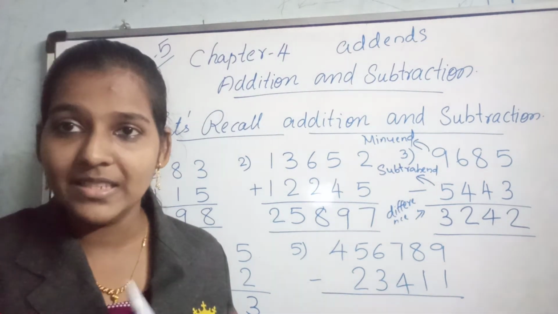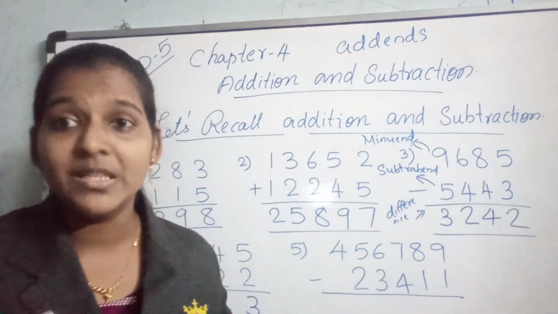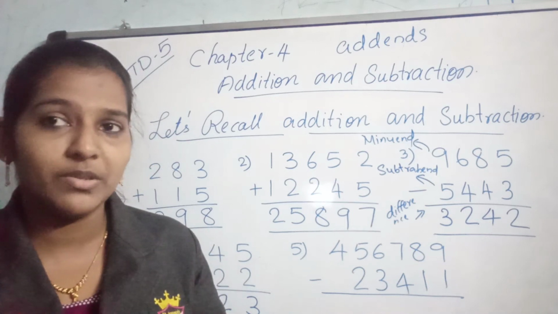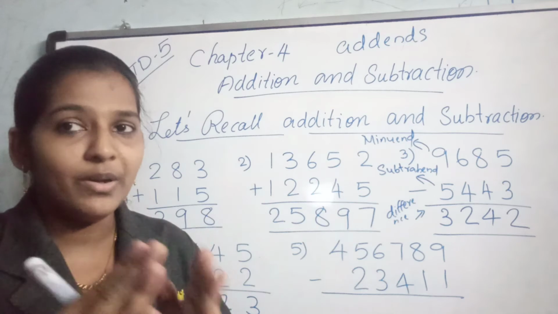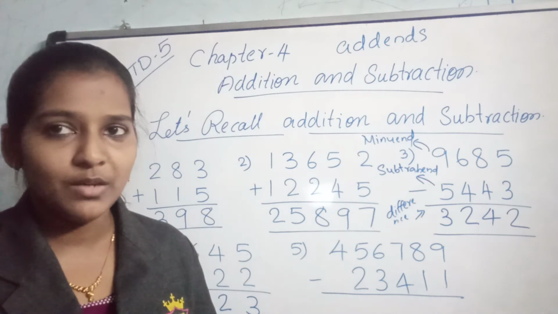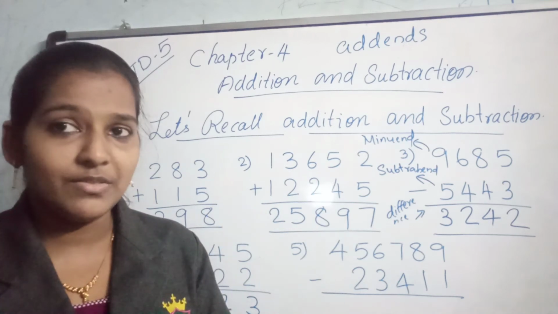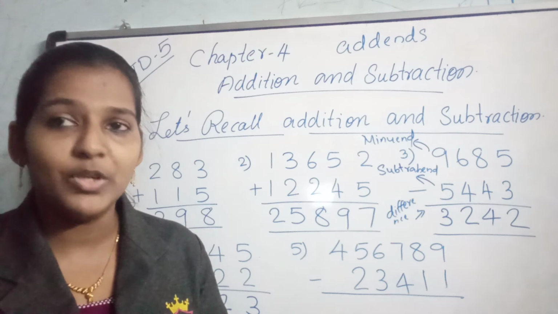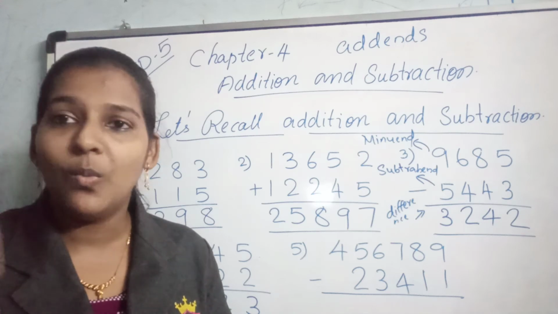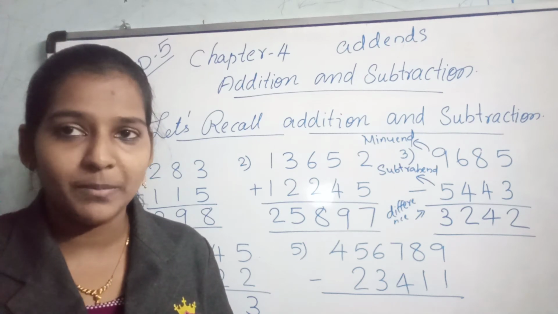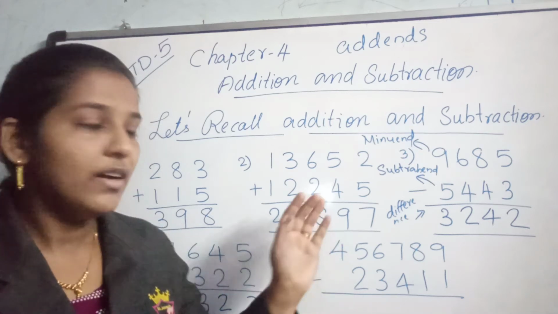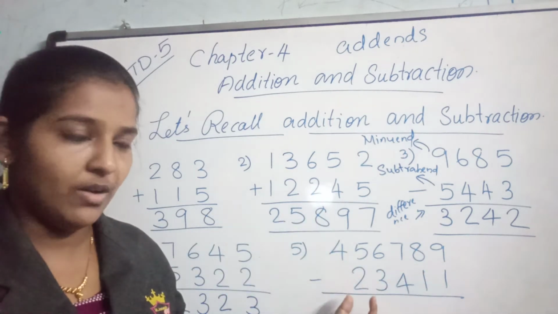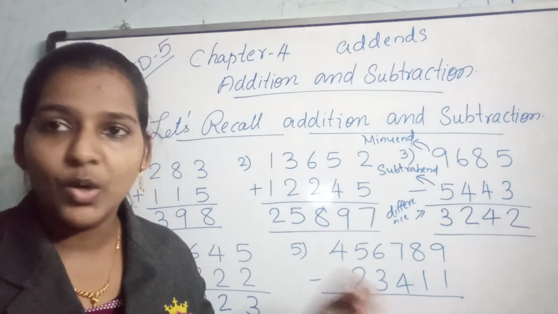When you are arranging these numbers as columns, you should make sure that the numbers are coming according to the places. Okay, so the ones place digit in the second number should come below the ones place digit of the first number. The same way you should arrange.